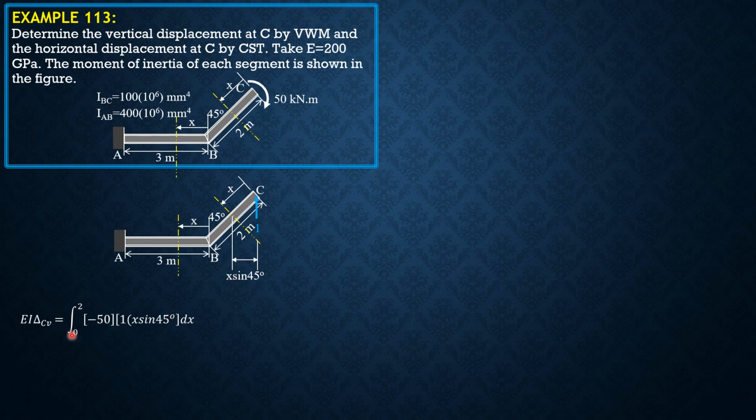Since the moment of inertia is I, we just leave it divided by 1. At this section, the moment is still negative 50, from 0 to 3.